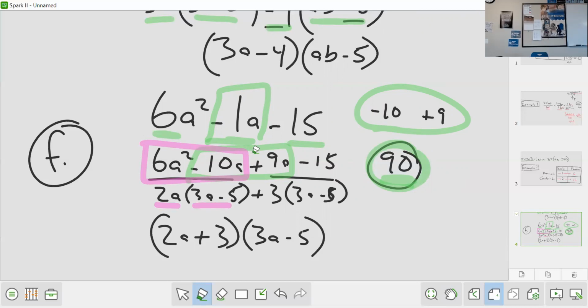And then out of these 2 terms, I can factor out a 3, and I end up with 3a minus 5. My handwriting's not too good there, but that's how I end up getting the 2a plus 3 right here, and the 3a minus 5 right here.